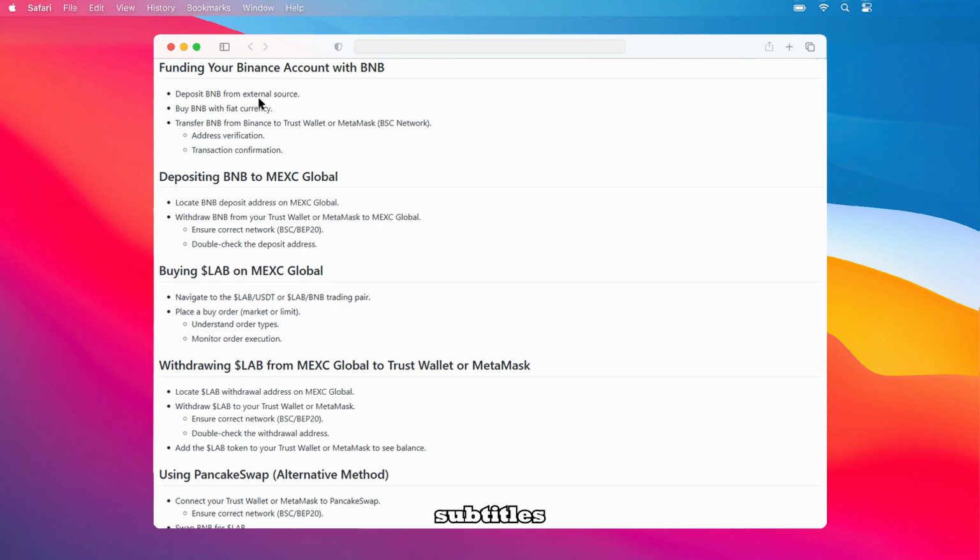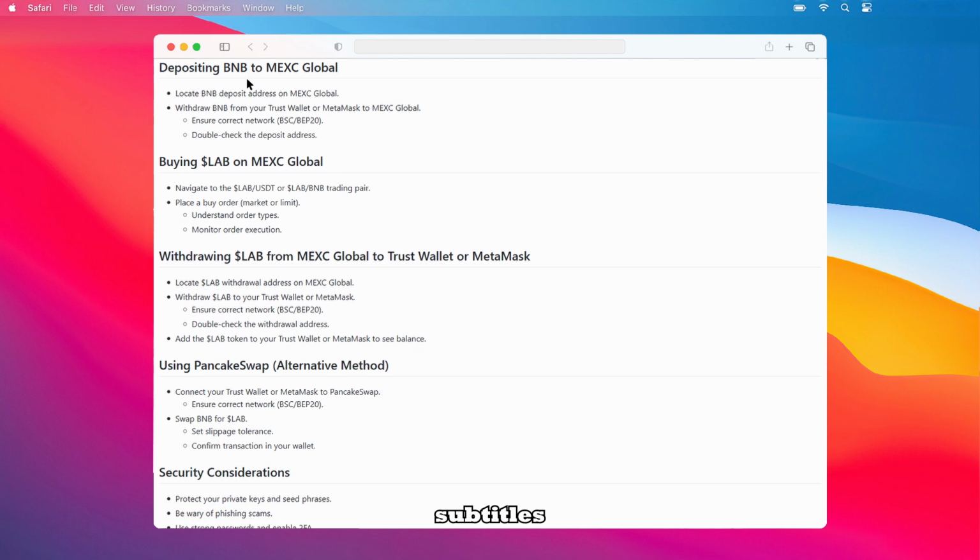Let's get started by depositing BNB to your MEXC Global account. First, you'll need to find your unique BNB deposit address within MEXC Global. Once you've located it, head over to your Trust Wallet or MetaMask, where your BNB is currently stored. Initiate a withdrawal, carefully pasting your MEXC Global BNB deposit address as the recipient.